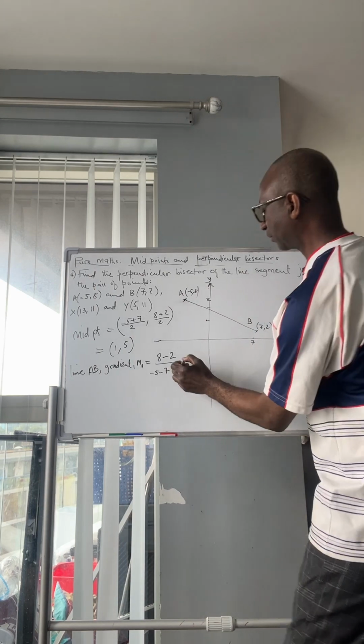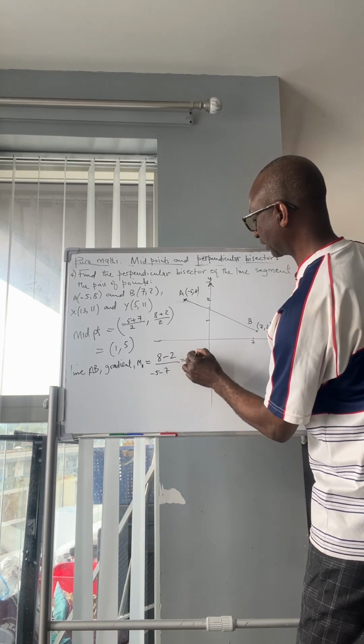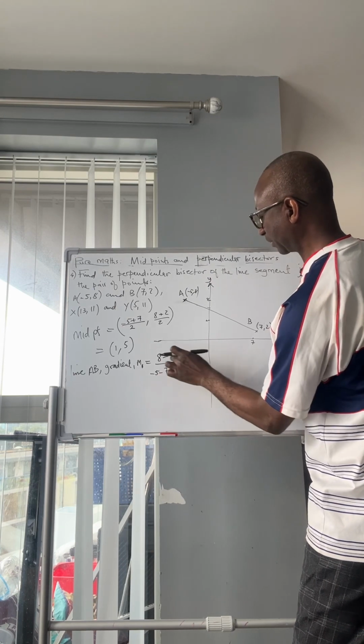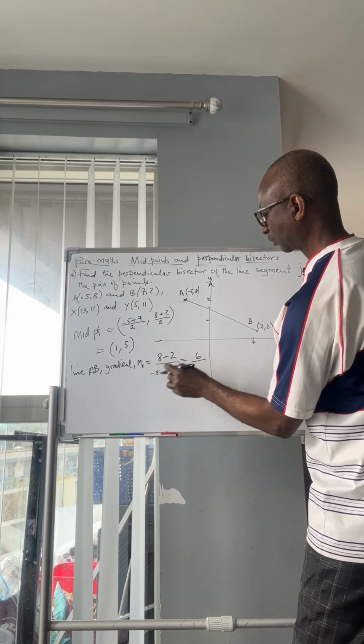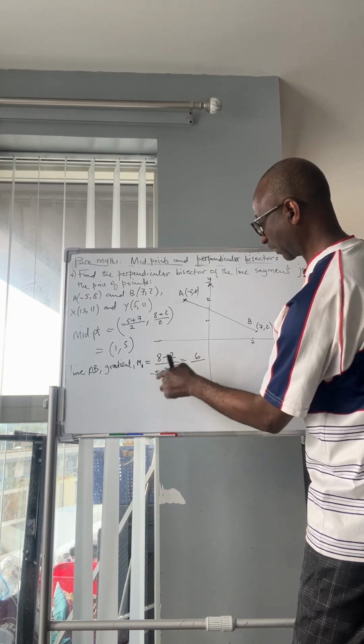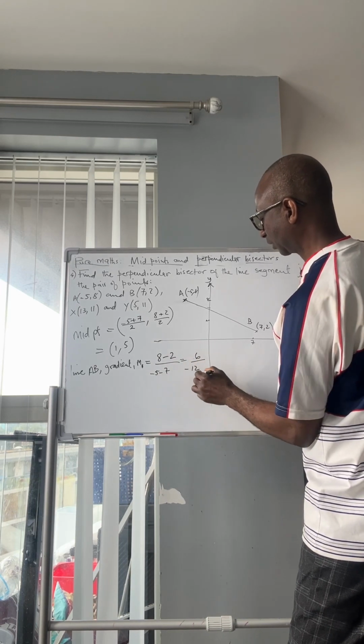So 8 minus 2 is 6, all over -5 minus 7, which is -12.